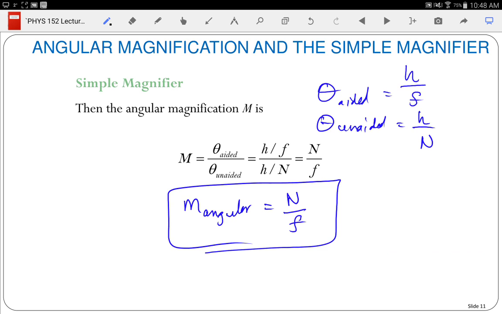Now if we are using a lens with a focal length of, let's say, 1 centimeter, that's a really short focal length. Then n over f would be 25 centimeters over 1 centimeter, 25 times magnification. And if I strain, it goes from 25 to 26.